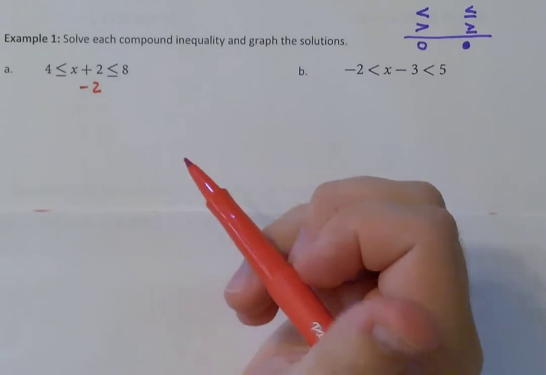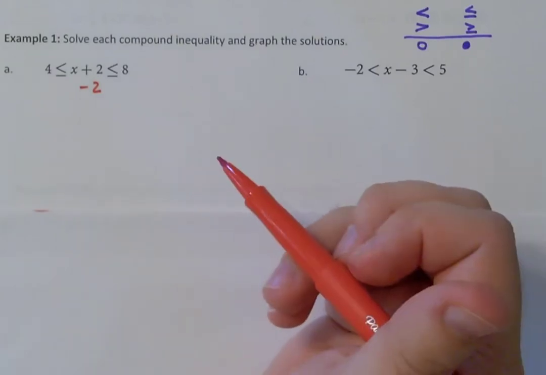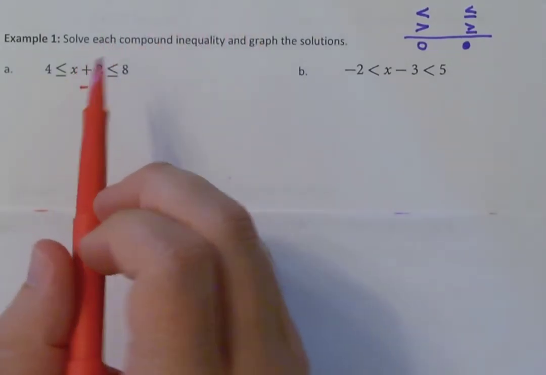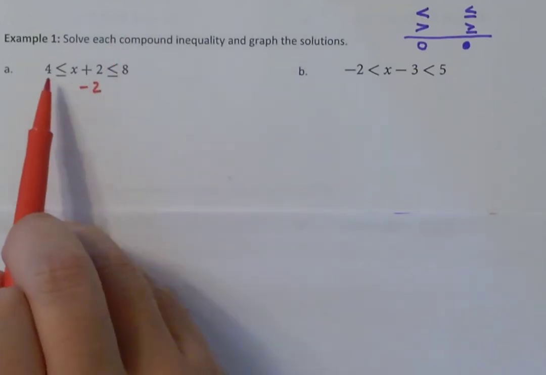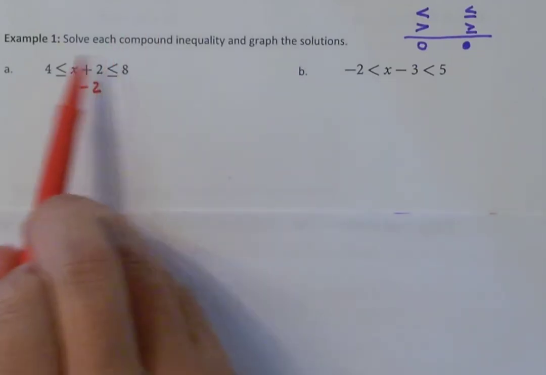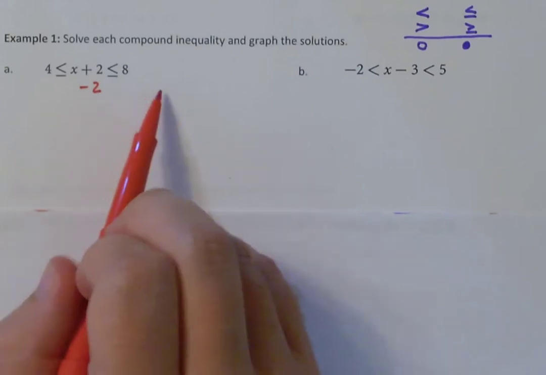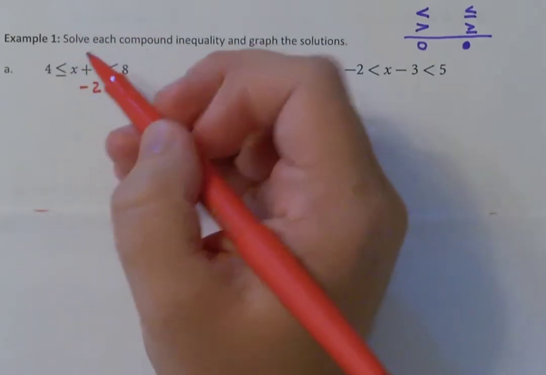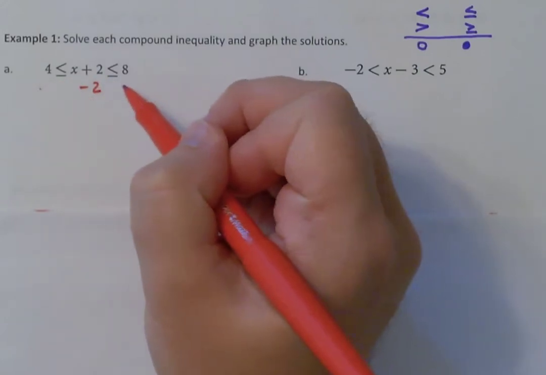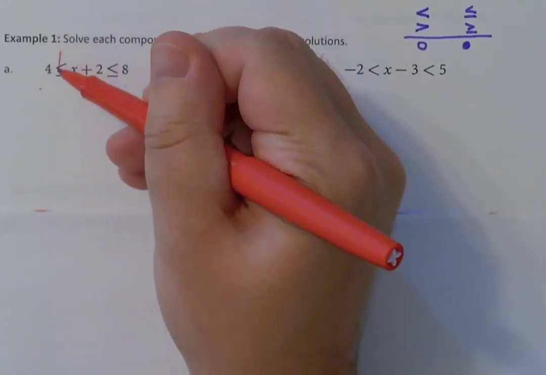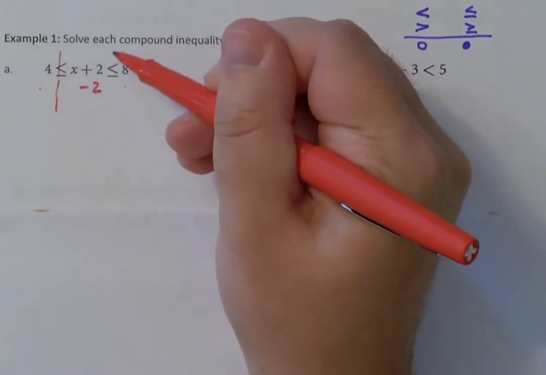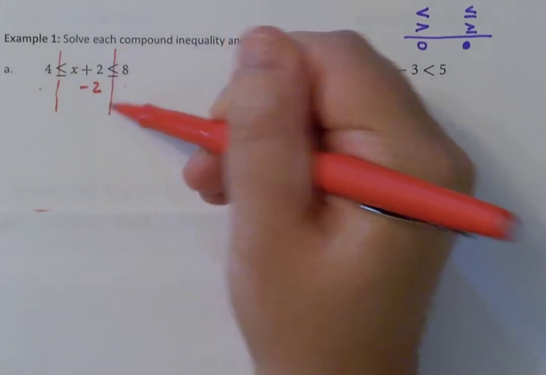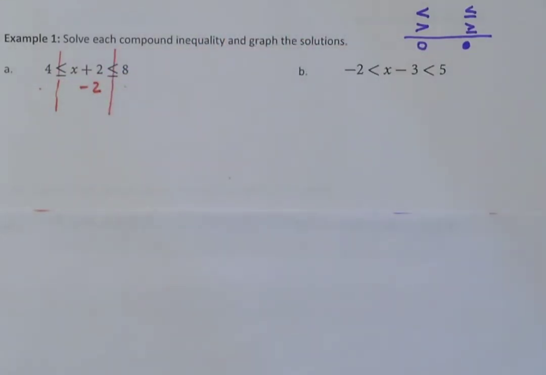Now, normally I would say to both sides of the equal sign or the inequality sign. But we have two different inequalities and two different sets of sides. When you have an and statement, you're going to do it to all three parts. If it helps keep you on track, you can draw lines through where the inequality signs are, like you could with equal signs, so you know that you need to do it to each part.